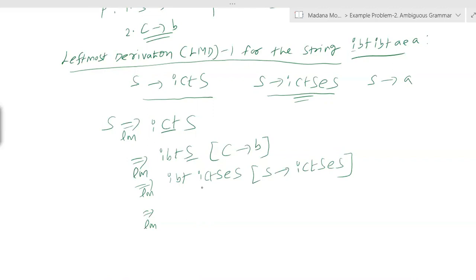B is required terminal. So compulsory in place of C, you need to substitute C by B. Now this becomes IBT, IBT, SES. Here what is the substitution we used? C derives B. Now you can see we derived IBT, IBT.